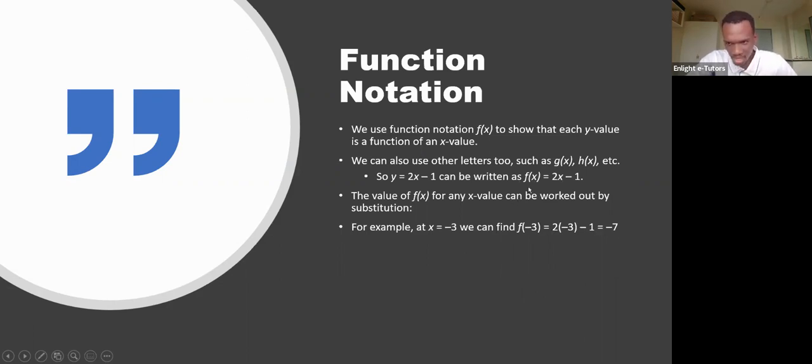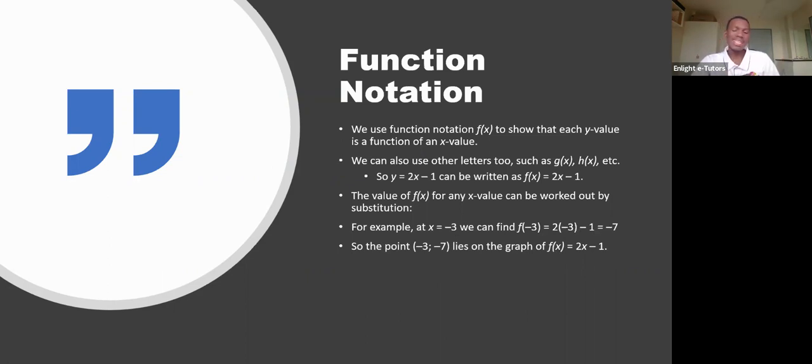This -3 replaces the x. Then you just input -3 in your equation and you get -7, which means when x is -3, y will be -7. You understand? So in your graph, there is this point that lies on the graph that you have. This is how the notation works.